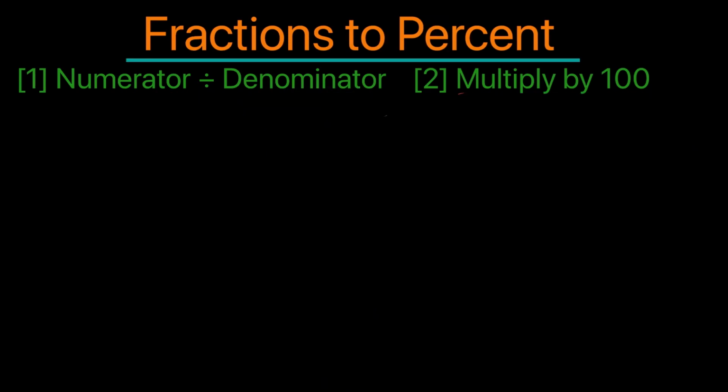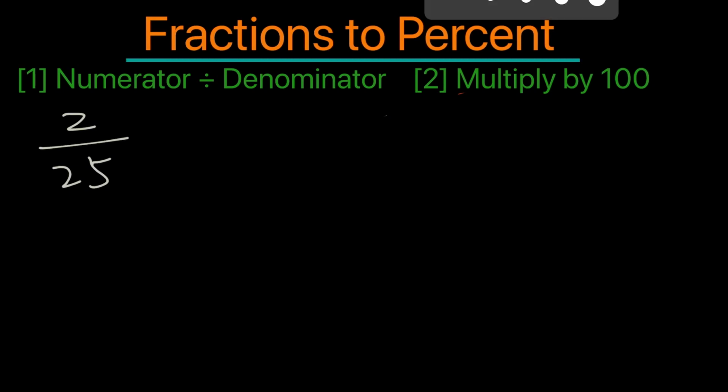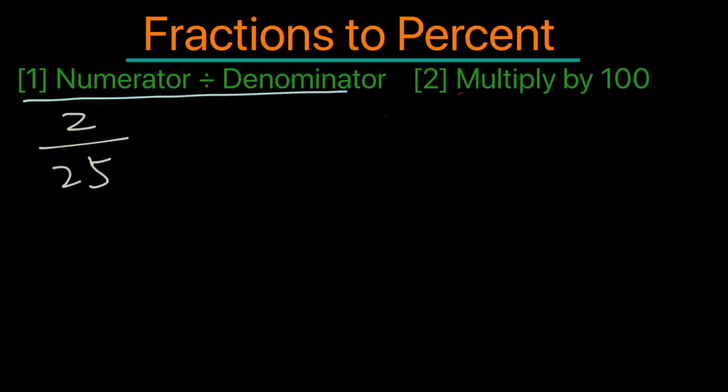Now what about this question? 2/25. Now let's try this again. Now let's go through the same process again. Numerator divided by denominator. So we're gonna take the 2 divided by 25. And here we can see 2 is too small for 25.